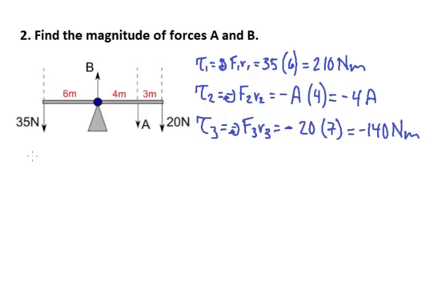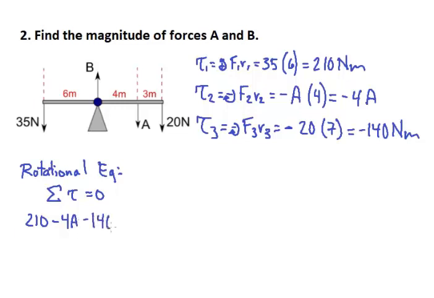Now I can make an analysis of rotational equilibrium. The sum of the torques has to be 0. So 210 plus negative 4A, in other words minus 4A, plus negative 140, equals 0.